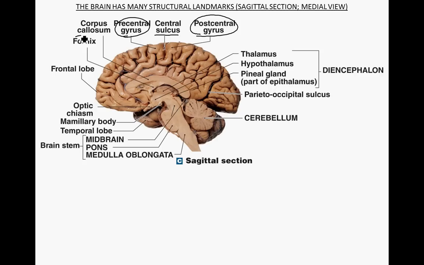The corpus callosum here is a very large tract that contains millions and millions of axons that connect the right hemisphere to the left hemisphere. So if you had a sheep brain that was not sectioned already, you would have to section through that corpus callosum. So here's the corpus callosum. The tracts that are inferior to this are known as the fornix.